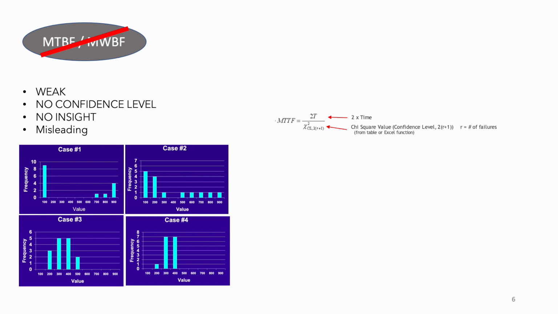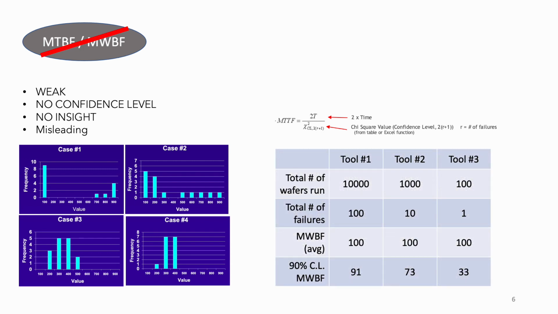There is a formula for giving you confidence levels on these, and as an example too of the misleading nature of averages. Of course, if you run a lot of wafers, 10,000, see 100 failures, you have a MWBF, or average, of 100.